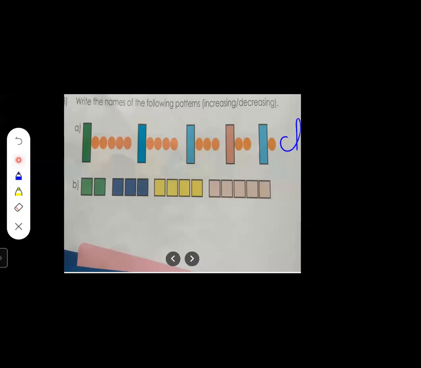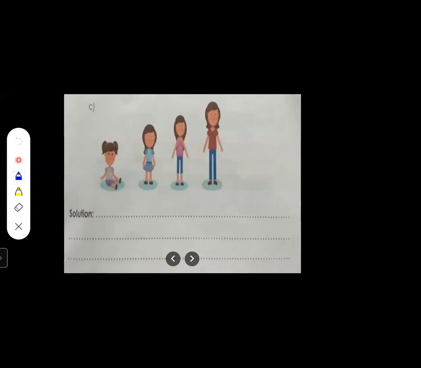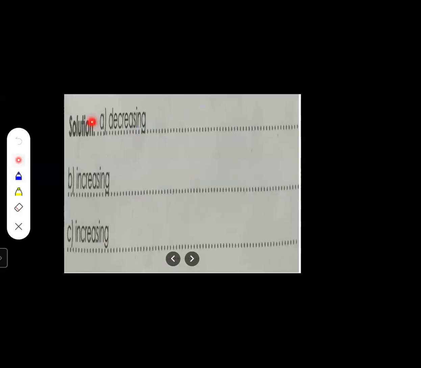Next one, here were two blocks, then 3, 4, 5. So 2 to 5 means smaller to bigger. It means increasing order. So I'm writing I over here. Okay. And this one, smaller to bigger, it means increasing again. So you can see over here, the first one was decreasing, the second one was increasing, and the third one also increasing. Okay.